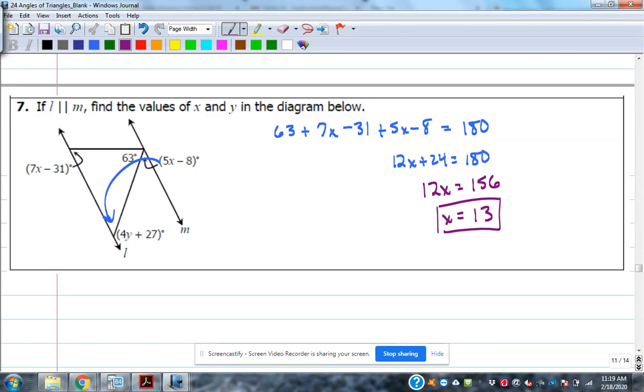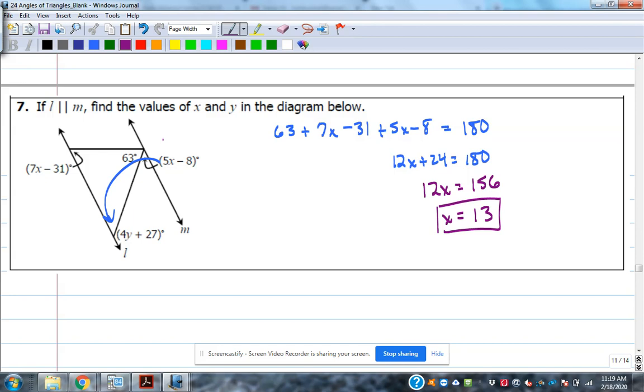Now let's try to get y. Good, because the 5x minus 8 and 4y plus 27 are what kind of angles? Consecutive interiors. So that means they add up to be 180. So I know what x is, 13.